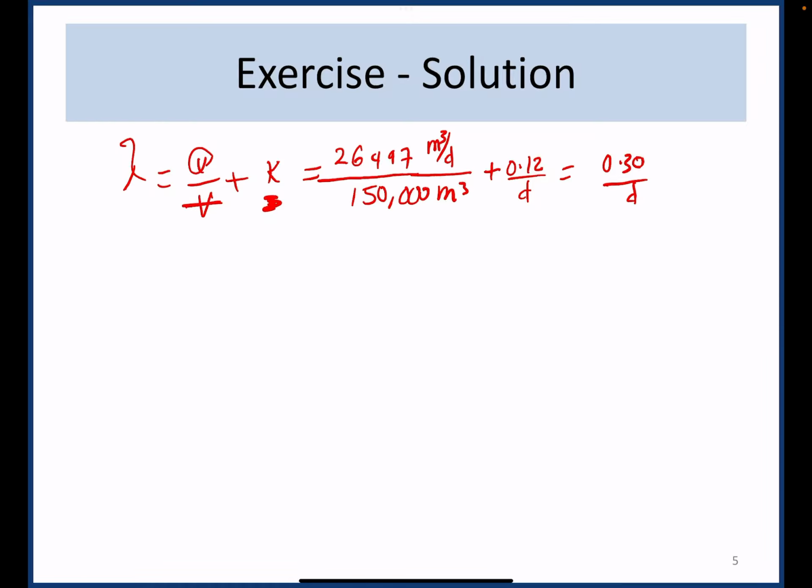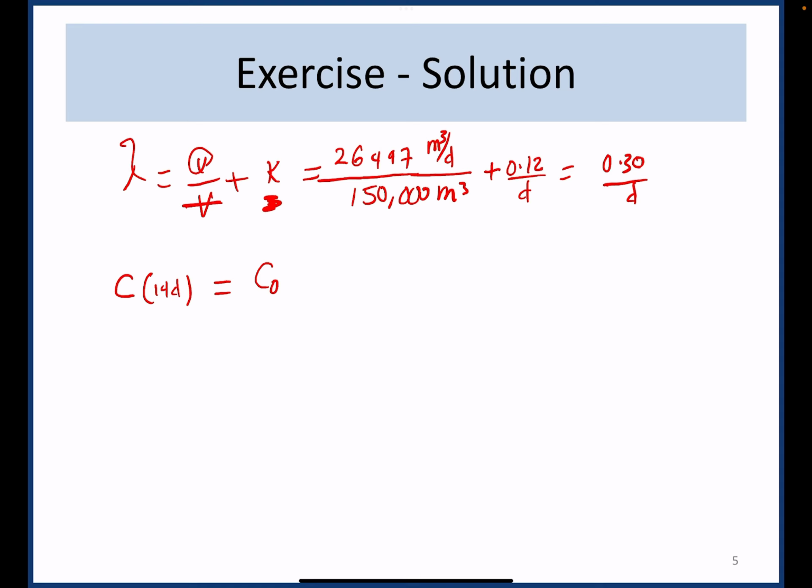Now we need to find the concentration after 14 days. I'm going to call it concentration final, which is the concentration after 14 days. If you go back and check the equation for this type of general solution, C equals C naught, what was inside the pond initially?